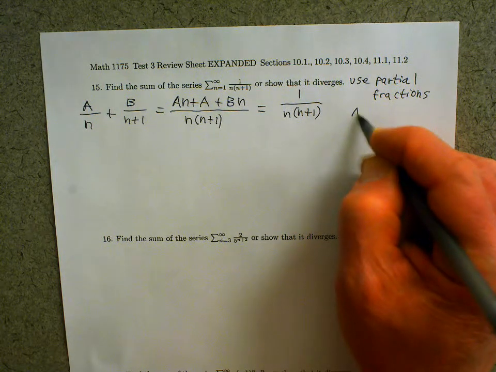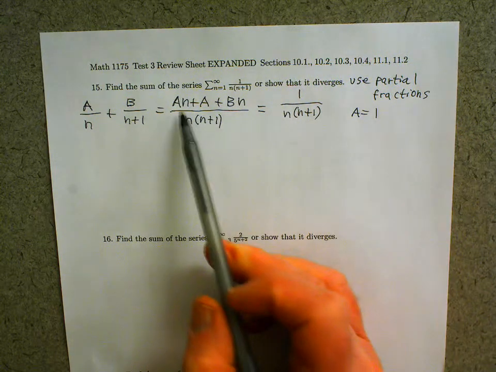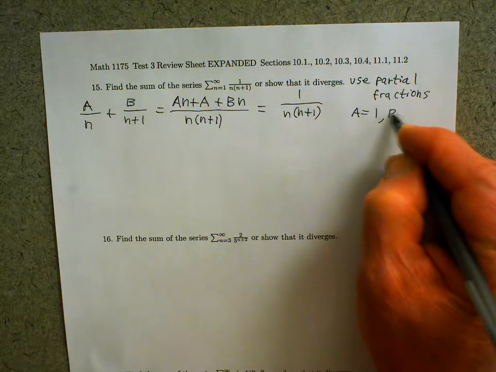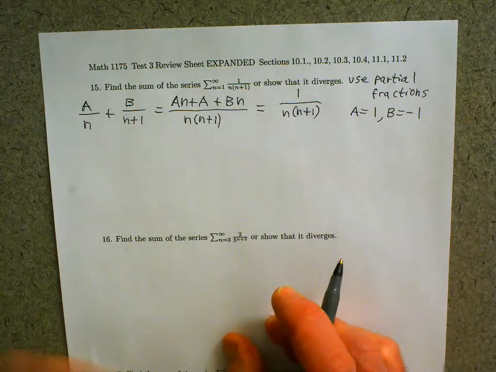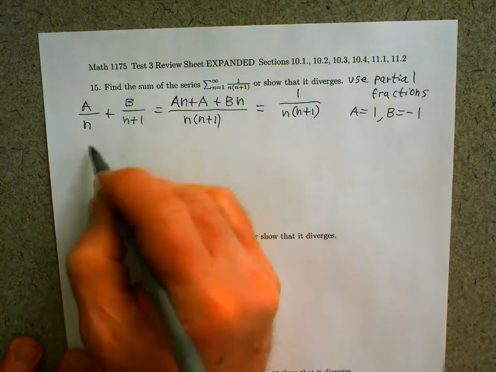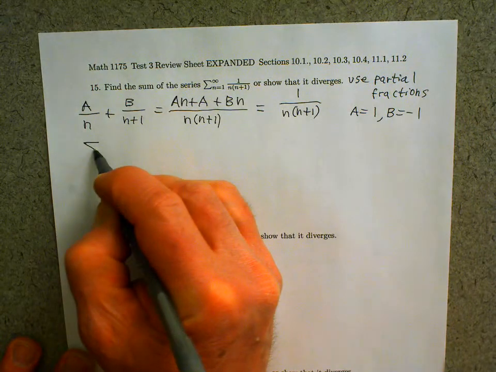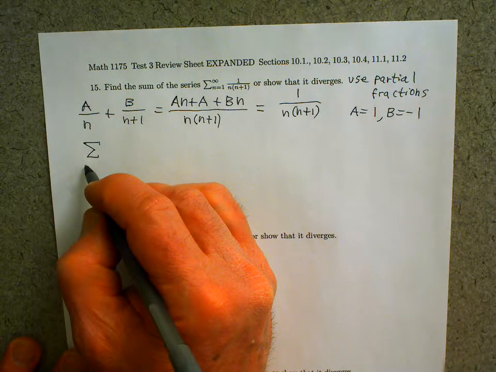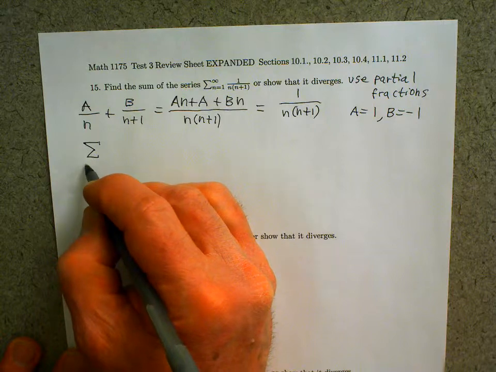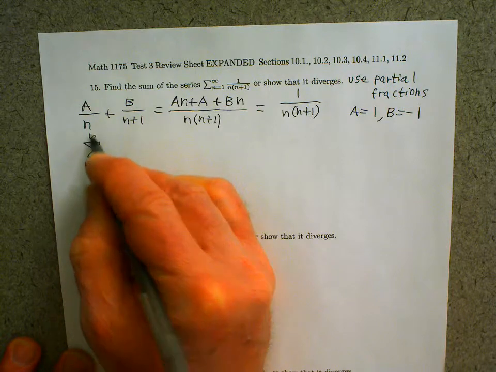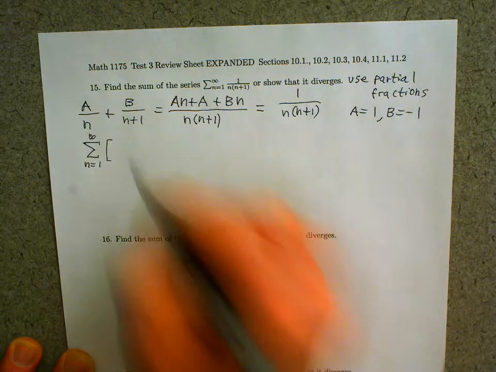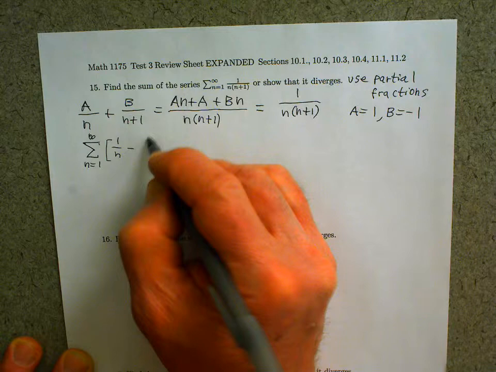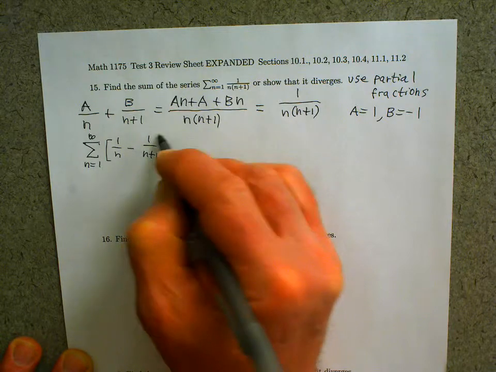So a has to be 1. And a plus b has to be 0. So that means b has to be negative 1. So we can write the terms of the series as a difference of two terms. So 1 over n and then minus 1 over n plus 1.